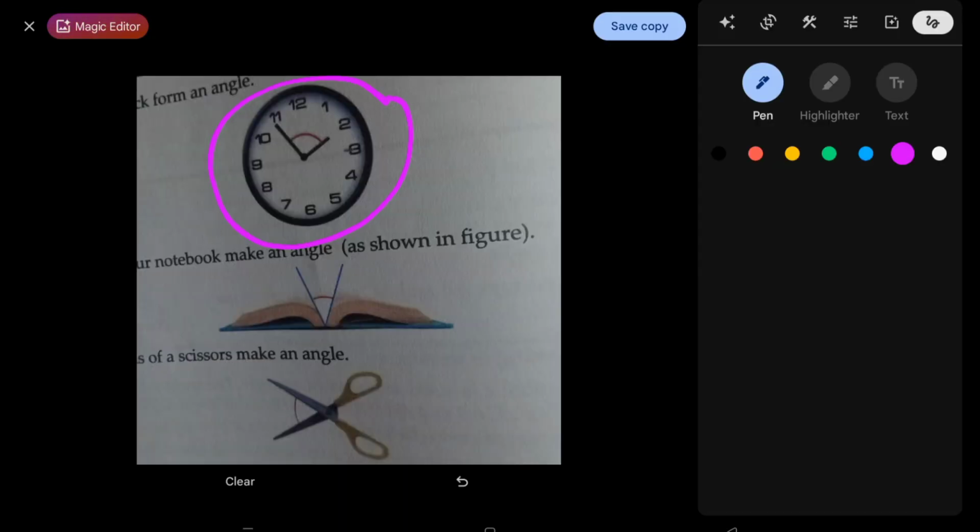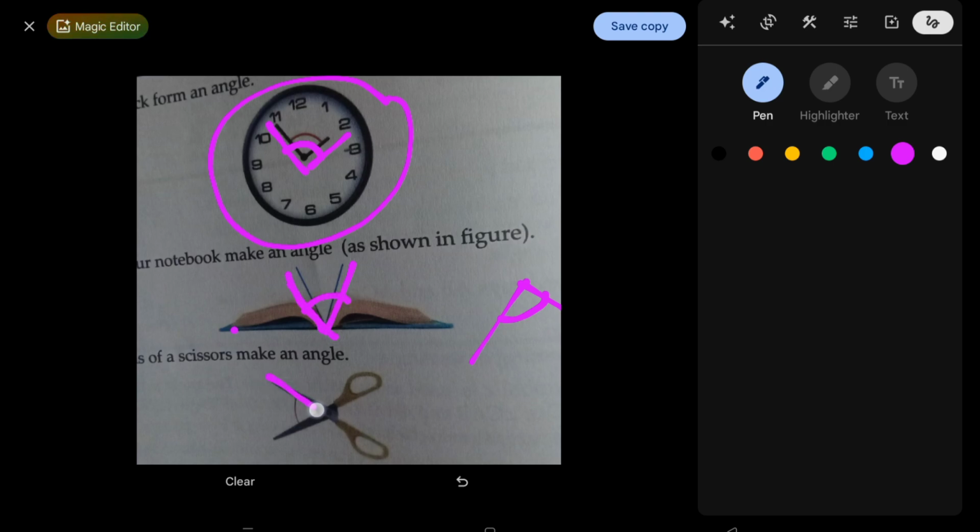And what happened? There is an angle. In the two hands of a clock, you see there is an angle. Two arms of a clock, they make an angle. Similarly, in our book, we see its two edges, from its center, there is an angle.